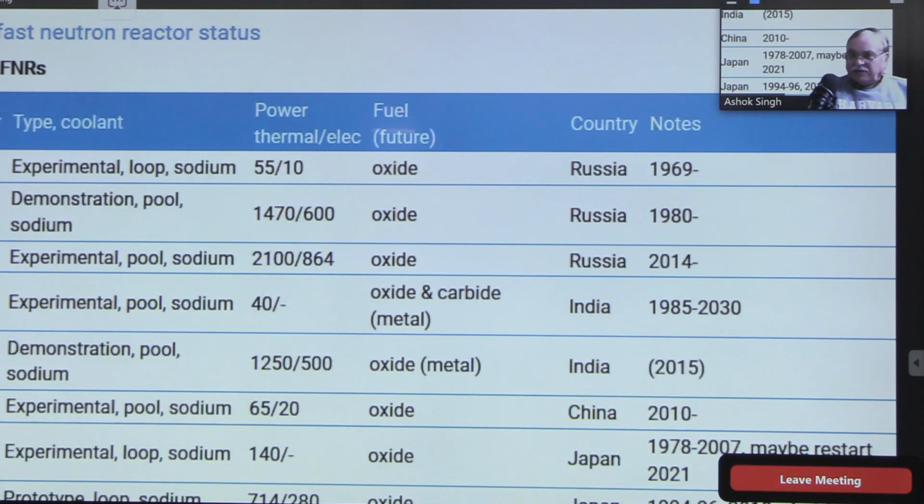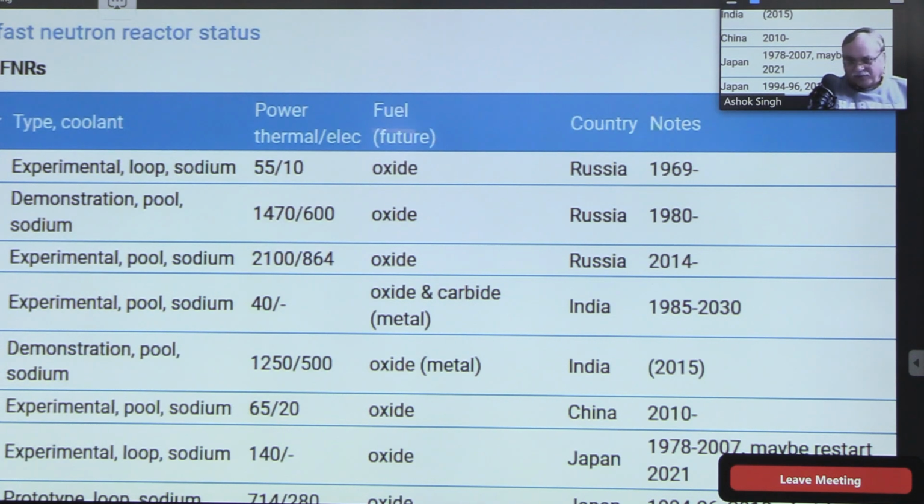Now, I'd like to briefly point out to you that this fast breeder reactor is also called a fast neutron reactor. Why is it called fast neutron? Because you are not slowing down the neutrons. These types of experiments have been carried out in other parts of the world also. Here are some examples.